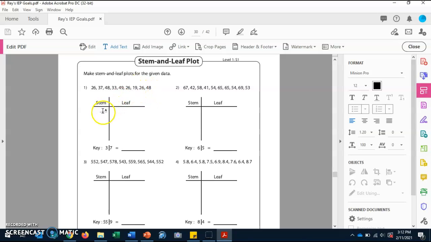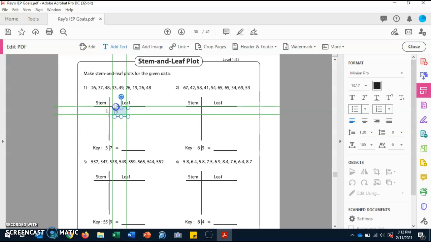This is our smallest number. That means in the stem side, we are going to put what, Ray? Good job, a 1. And then in our leaf side, we will put a number 9.